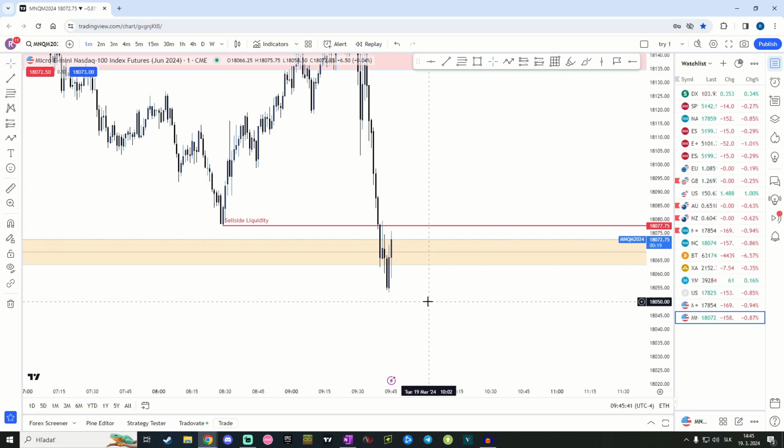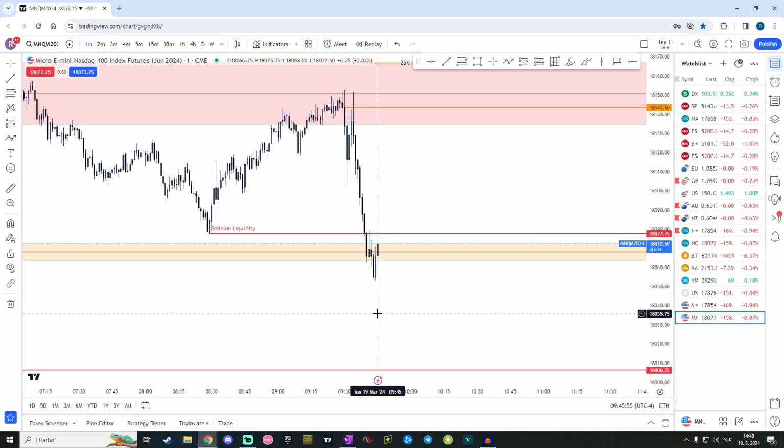So it would give me confidence that I can look for long, but I just got the fair value gap rebalanced, so I was not able to go long here, even though it might start going higher from here.